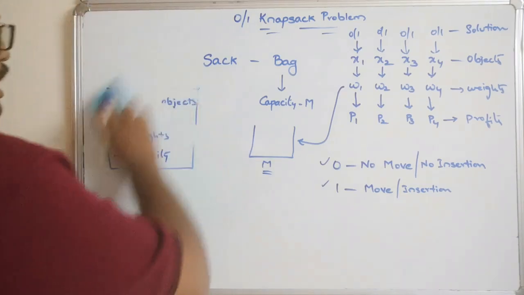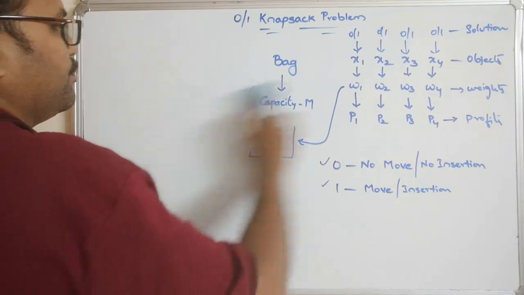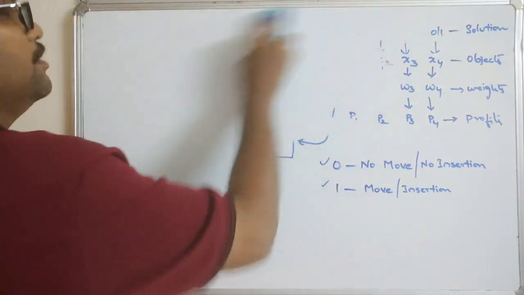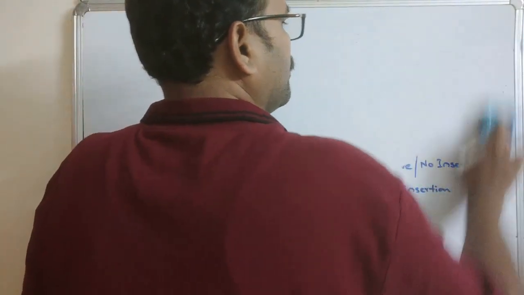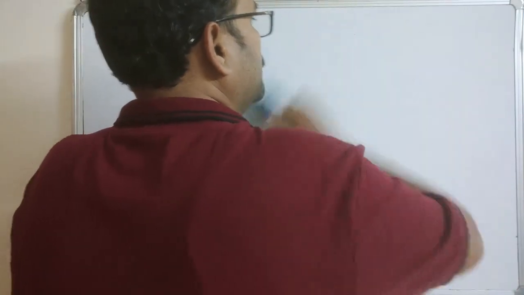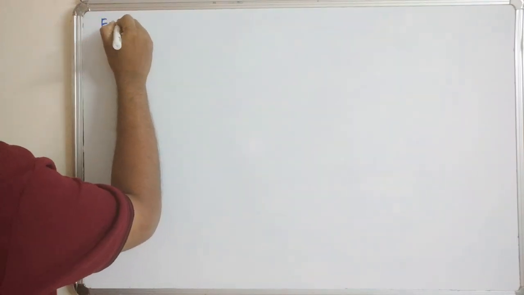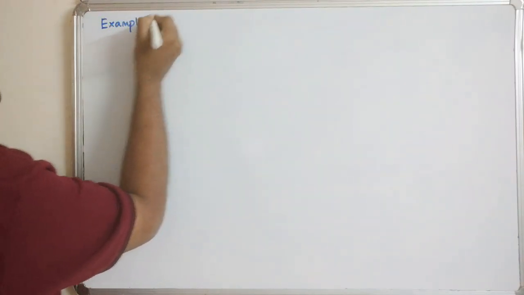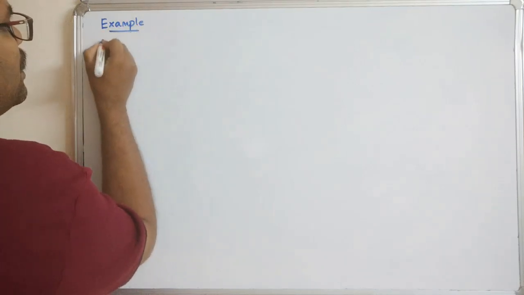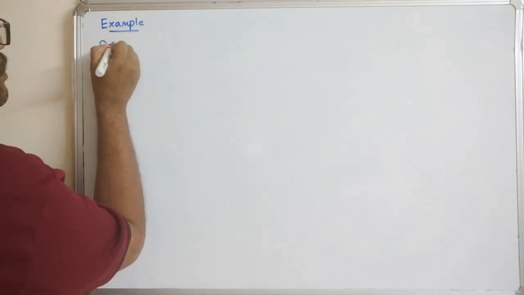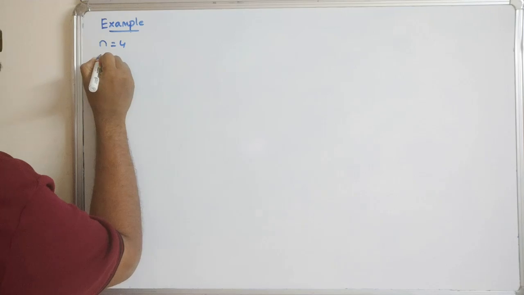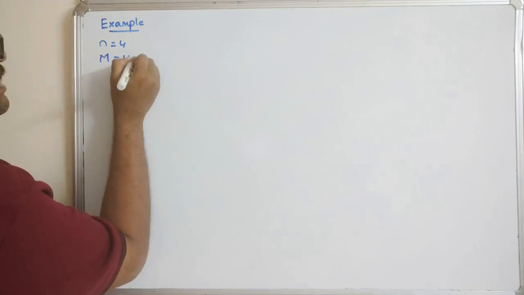Right. Now let us take an example. Let us take the number of objects n as 4 and capacity as 10.